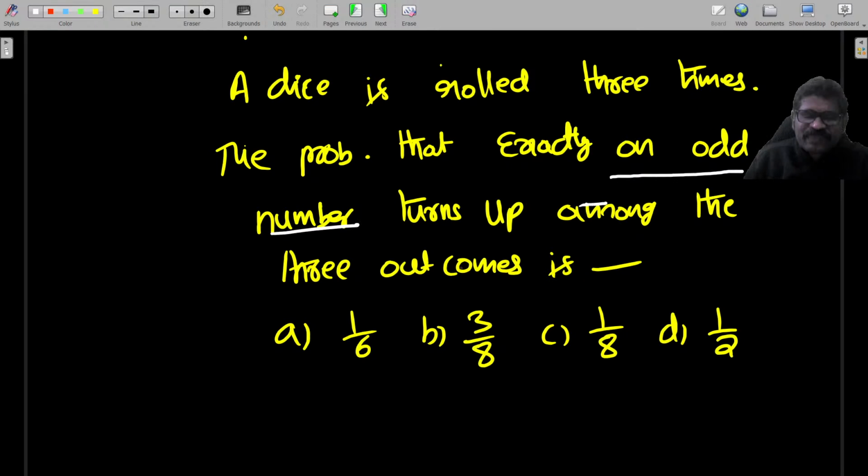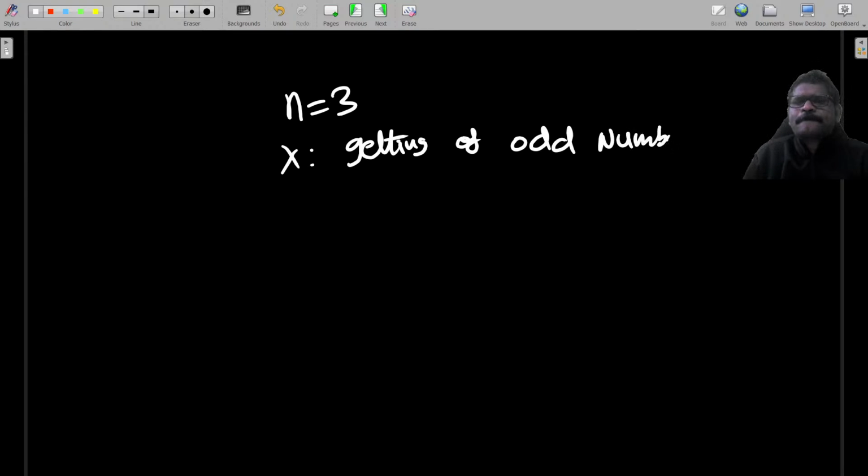So getting an odd number is random variable x. Random variable x counts how many times you got an odd number.